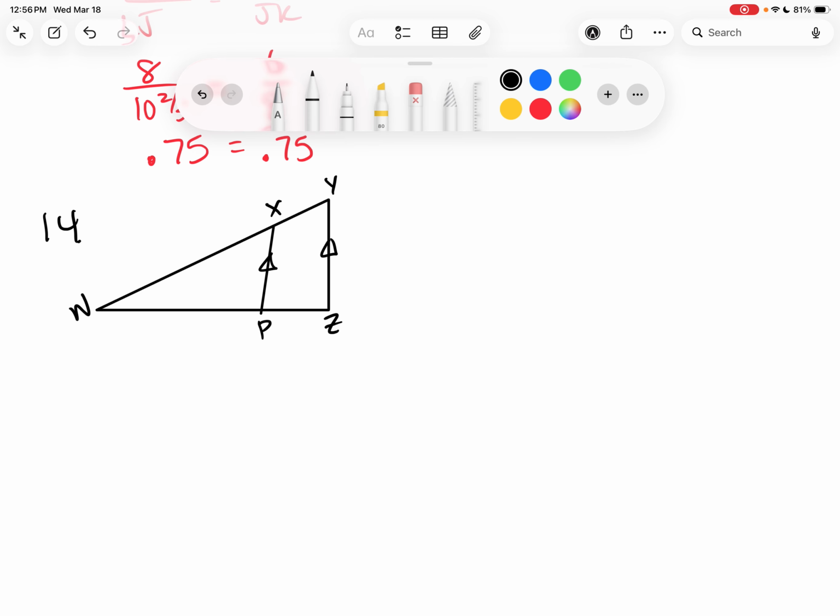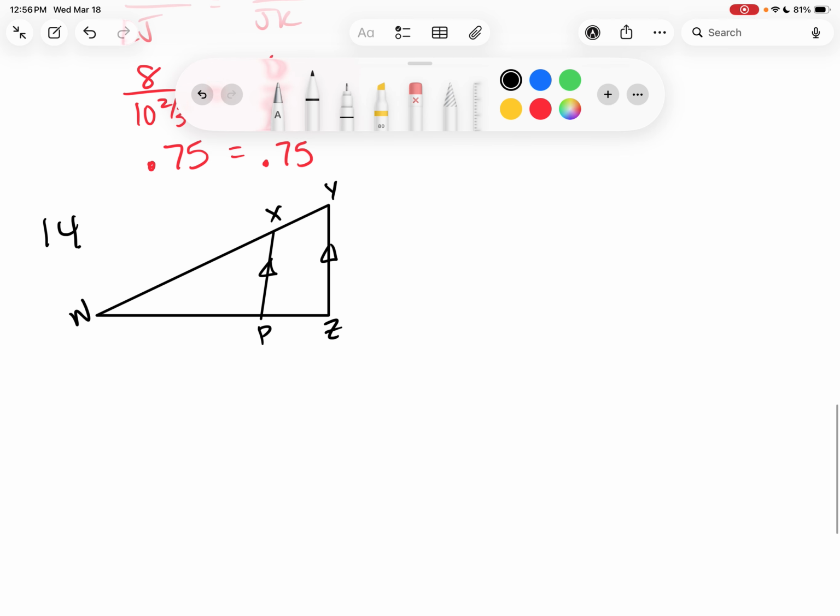But X and P and Y and Z are similar? Possibly. YZW. Are you saying that those are the two triangles? Yes. So we're looking at WX, WY. Okay, but do I know if they're similar or not?